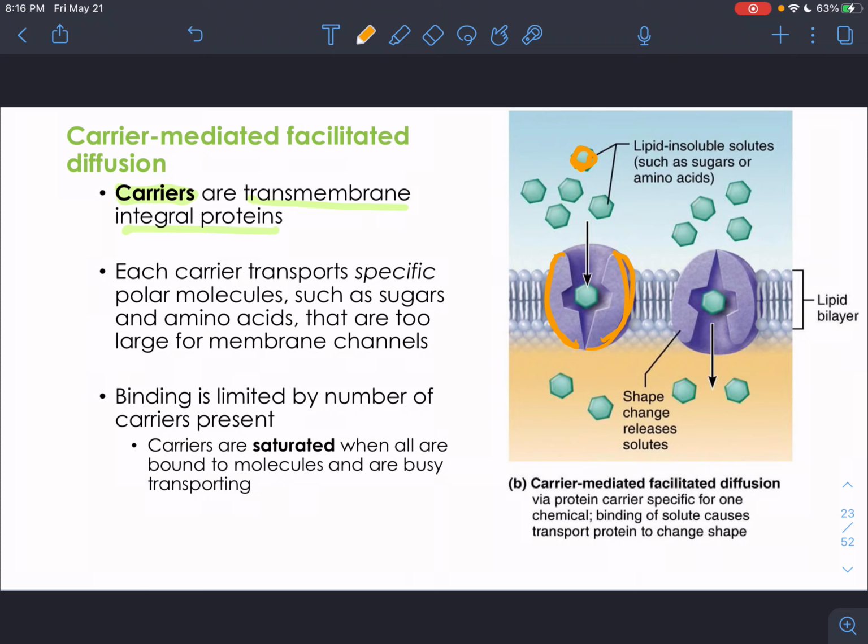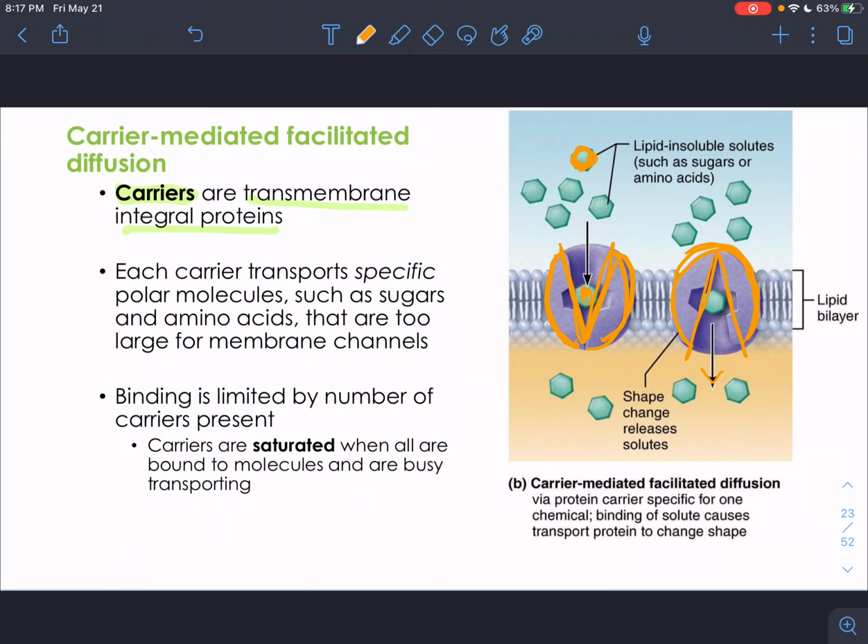So instead, we have a specific carrier that the sugar binds to. Once the sugar is bound, the carrier has a conformational change of shape and transports that sugar somewhere else. Each carrier only works with a certain type of solute. It's not going to work for everything. Only certain things can get through.